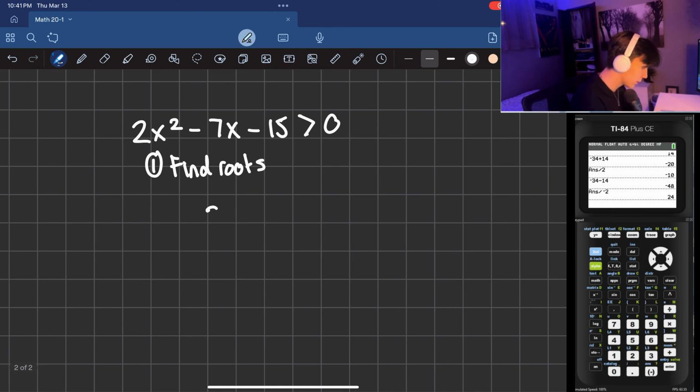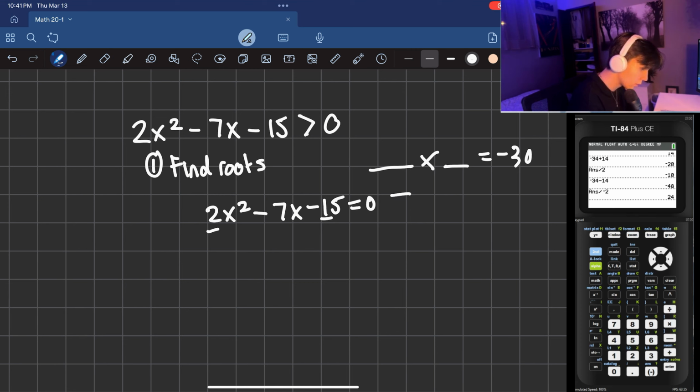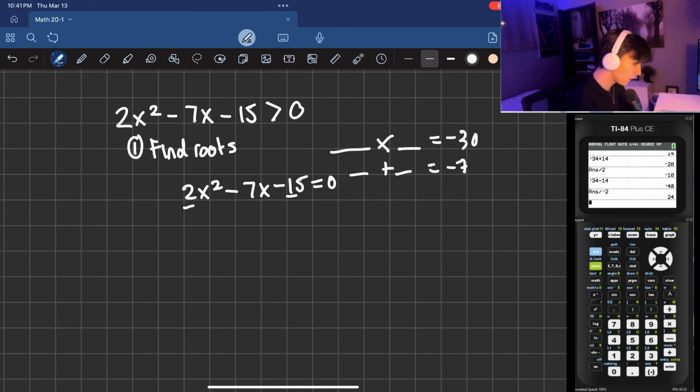The way to do this is we're going to factor this down. So I'm going to rewrite it over here, and we're going to set it equal to 0. So let's factor this down. We need two numbers that multiply to negative 30 and two numbers that add to give us negative 7. There's a couple things this could be.